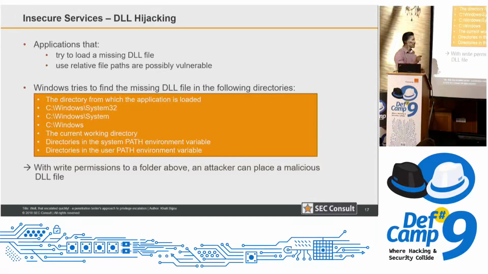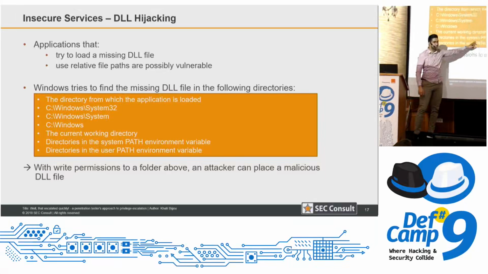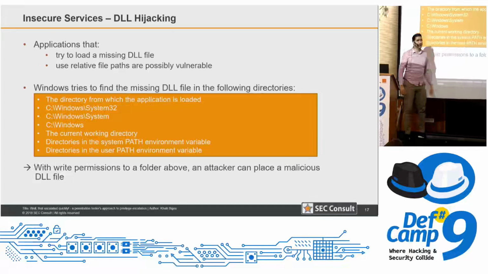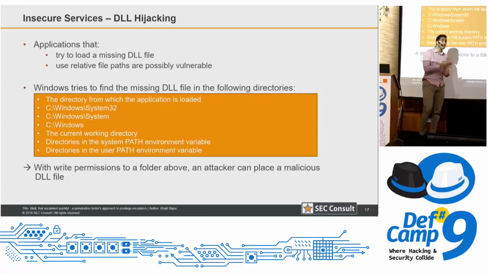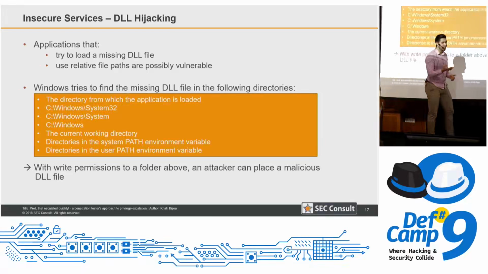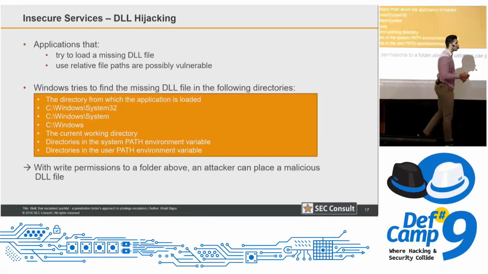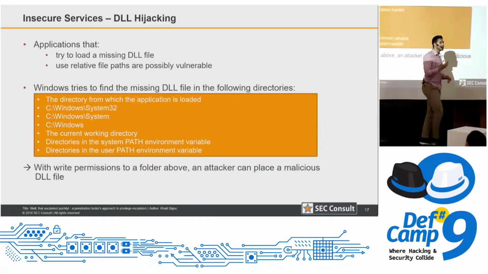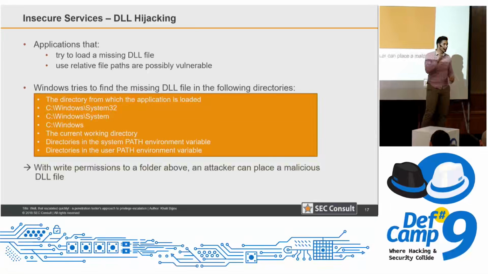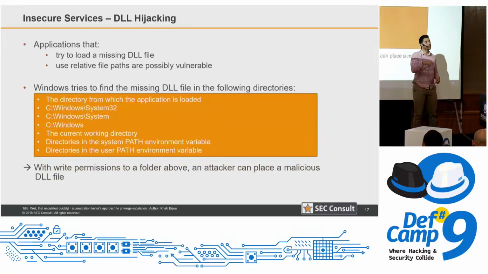Where you could have write access is in a directory that is defined in the system path environment. So in the system path environment, sometimes you have tools like Python, and in Python, I think by default you have write access. And if you can write to the Python directory, the DLL file will be loaded from there. That's how the exploit works. Got it. Thank you. You're welcome.